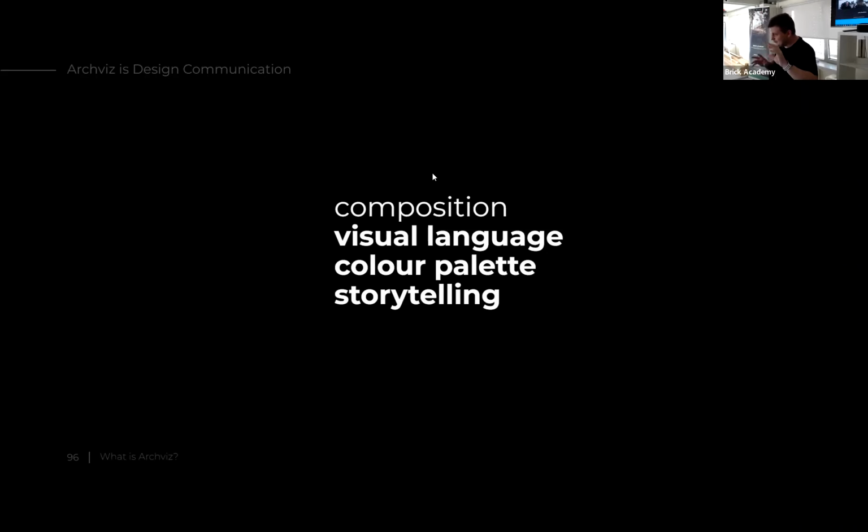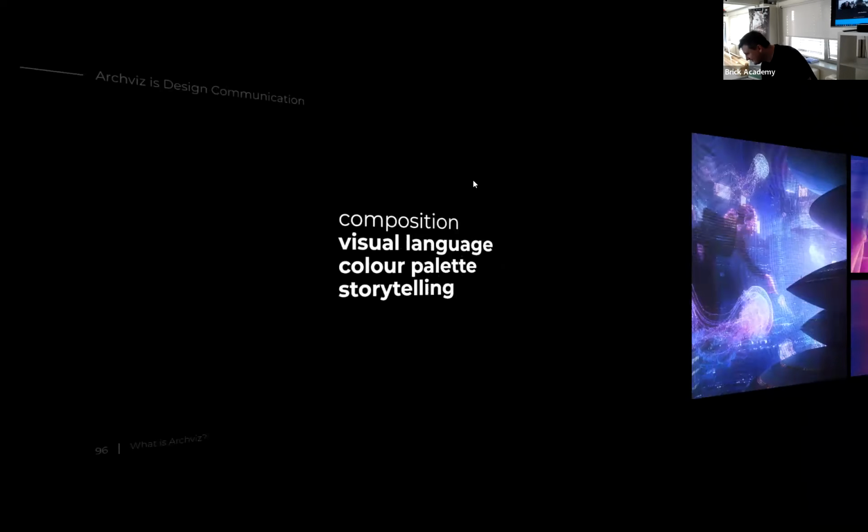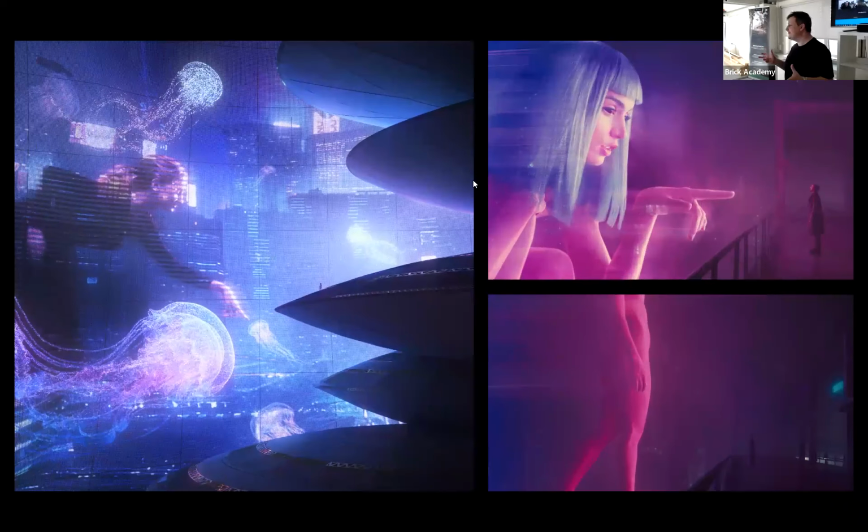These are super visible examples, so you immediately catch it. Story, color palette, composition. I don't have to introduce the reference for you guys.